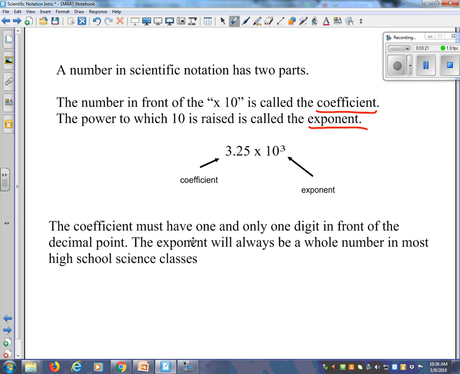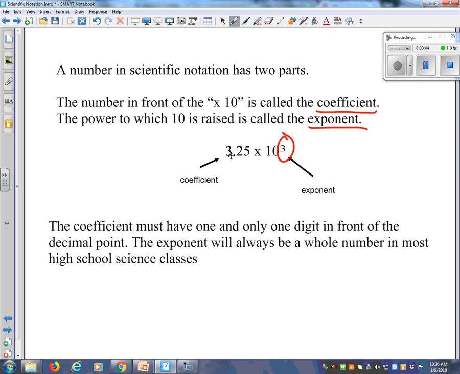The coefficient must have one and only one digit in front of the decimal point. The exponent will always be a whole number in most high school science classes. So a couple of rules. This number will always be a whole number. It won't be like a decimal. Okay? And the coefficient can only have one and only one digit in front of the decimal point.